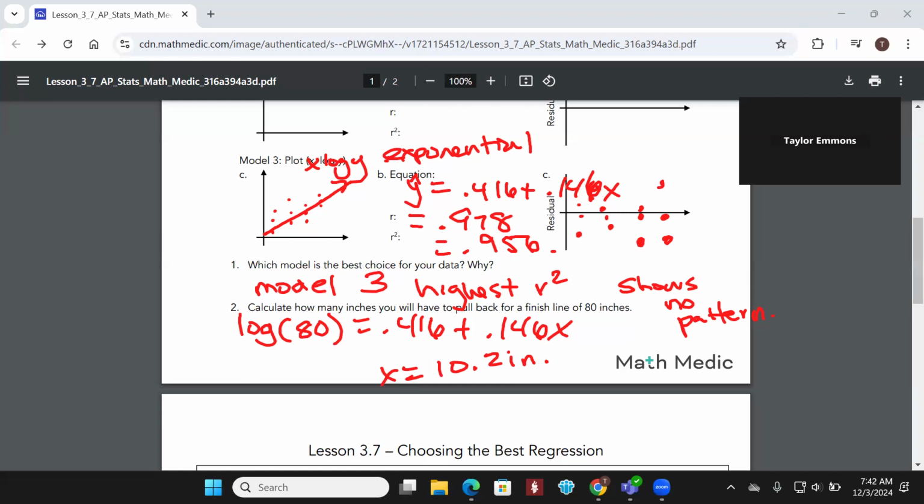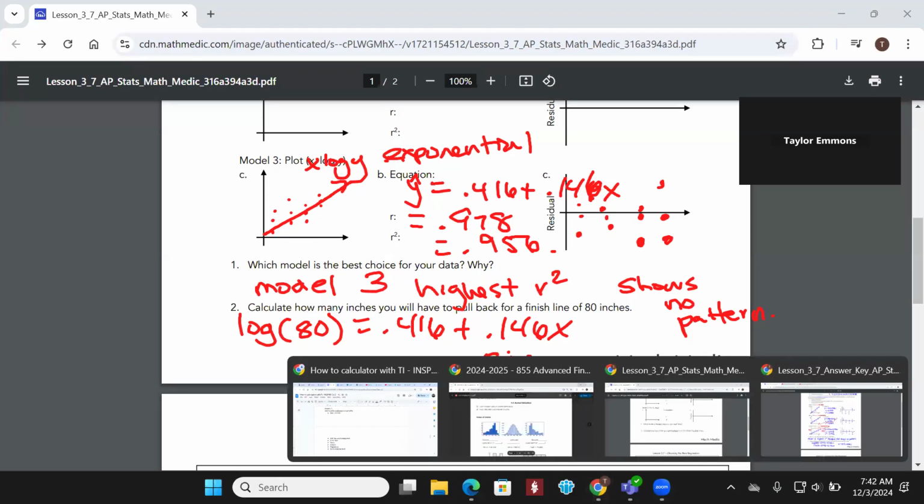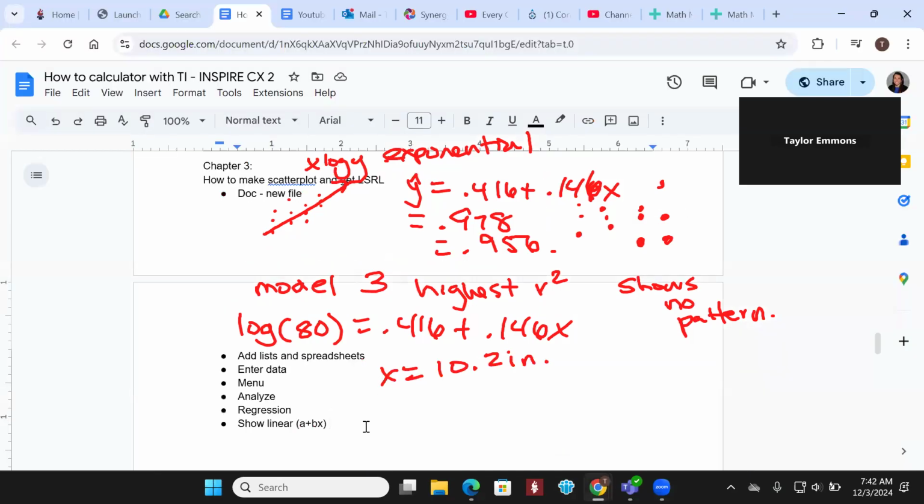And then you're going to do linear regression. So number 4.